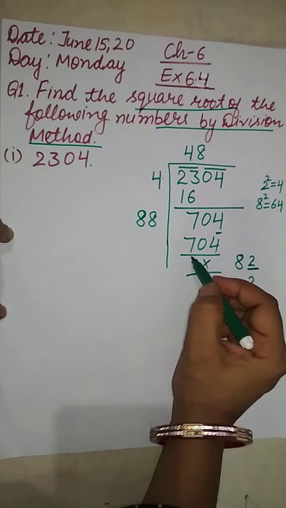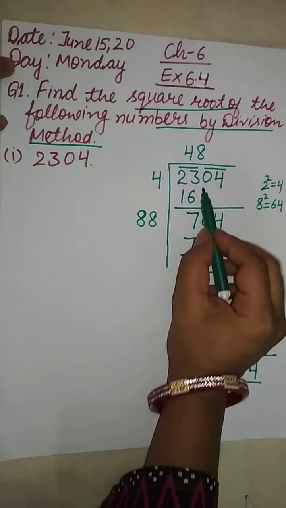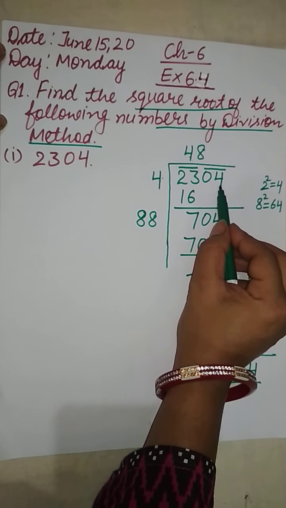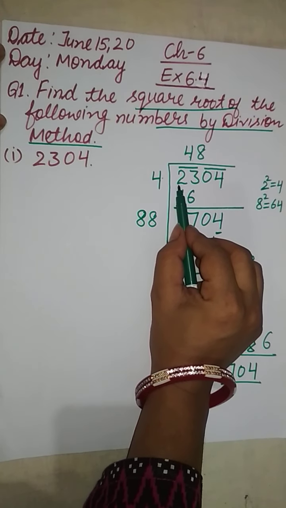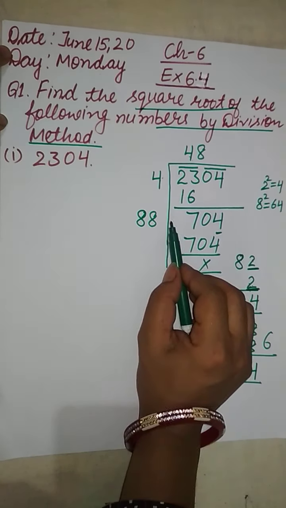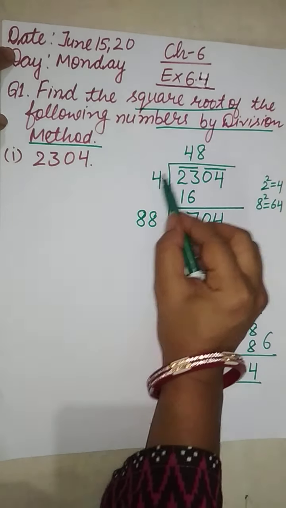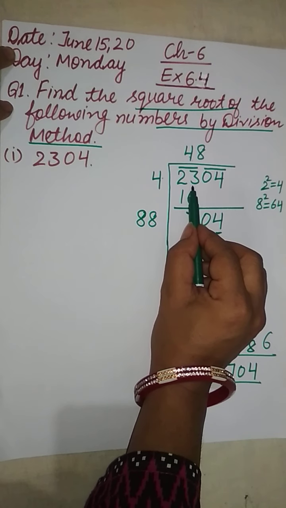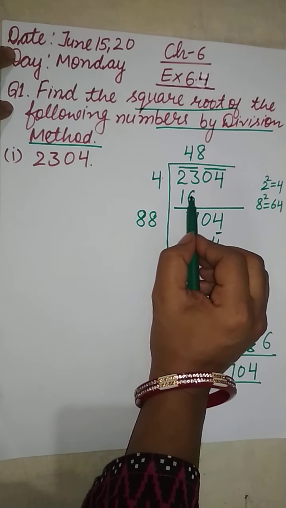Students, again see the steps very carefully. The very first step is to make the pairs, starting from the right side. The first digit can be either a pair or a single digit. After that we have to find a number whose square is either equal to this pair or less than that.